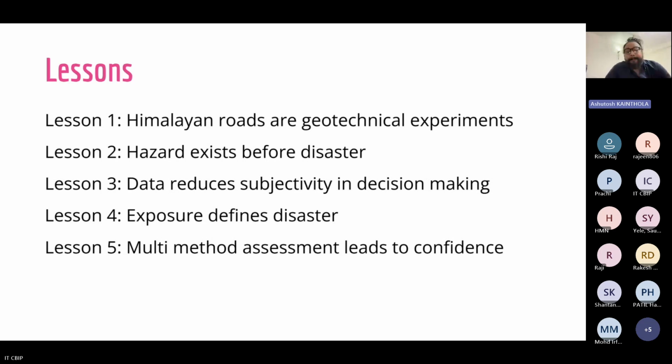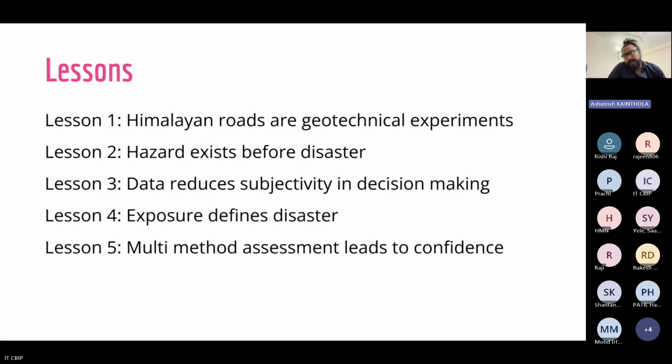And hazard in Himalaya always exists. How we deal with it or how we prepare for it defines the disaster that we face or whether we save ourselves from it. And the more data you have, the more it will reduce the subjectivity. It will strengthen your decision making when it comes to design or stabilization measures.